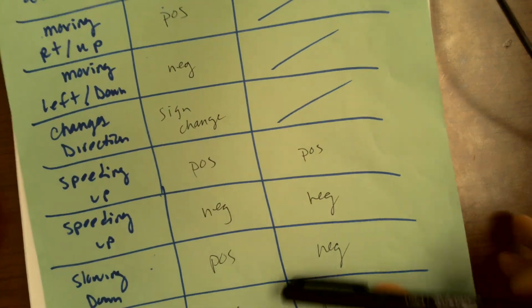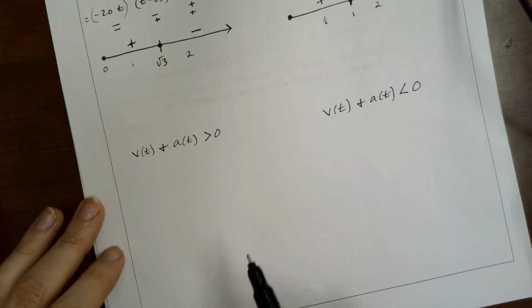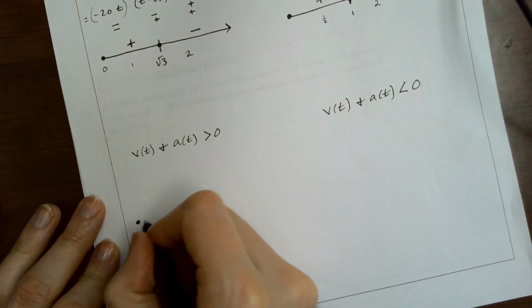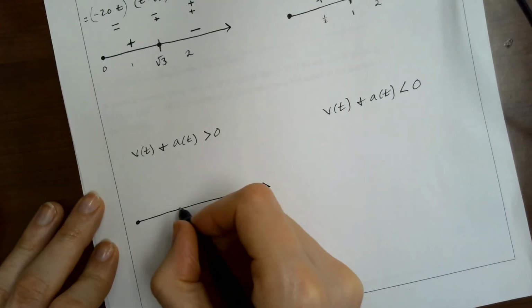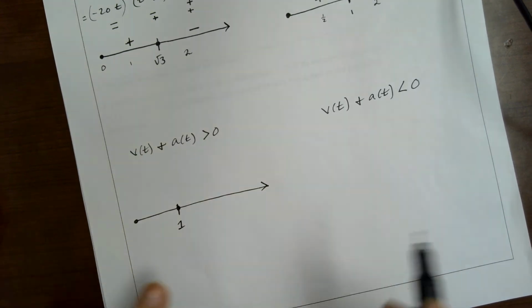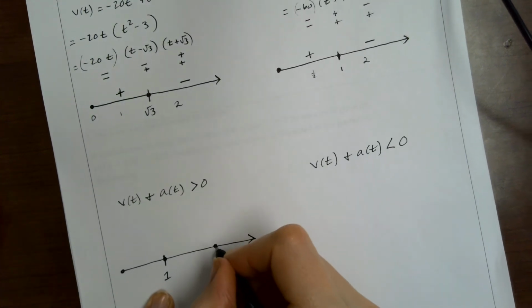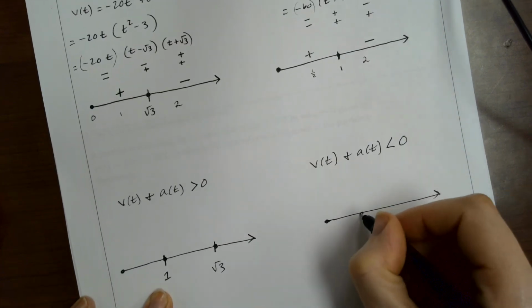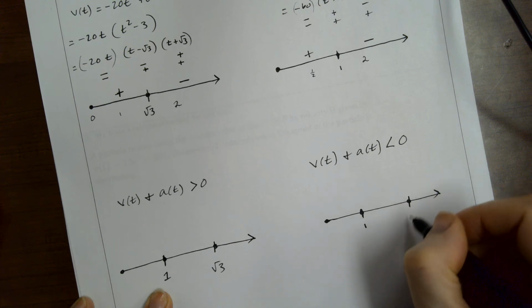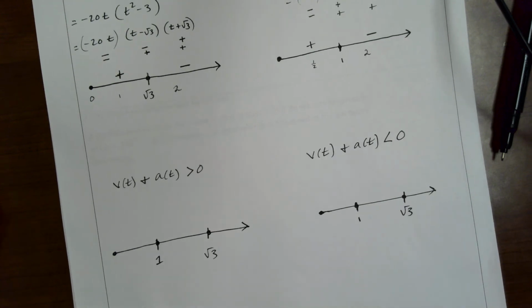Because that's when the particle is going to be speeding up, when they have the same sign. So over here, I'm going to put all of my critical numbers. So 1 is from here. This one goes right there. And then also radical 3. So 1, radical 3. Okay, so both positive.